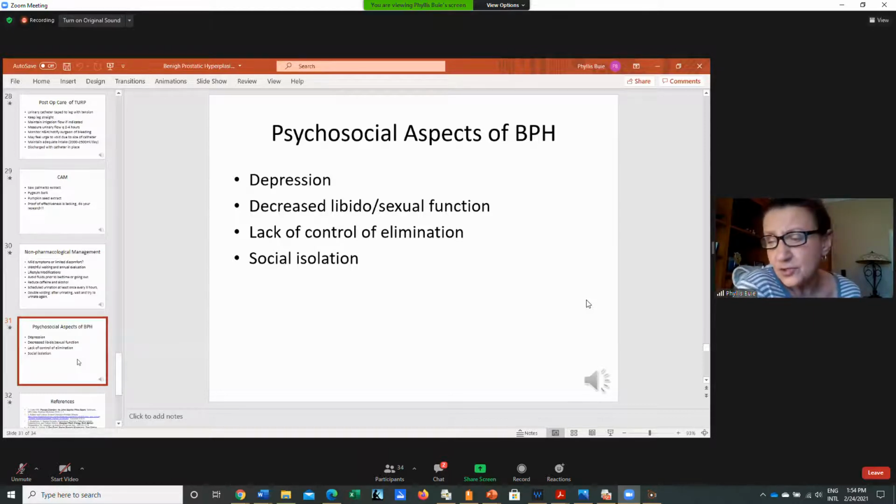They may feel socially isolated because they don't feel like they can comfortably go out in public. And they also may have some problems with sexual function. They may actually have a decreased sexual drive, and they may have some erectile dysfunction related to this as well.